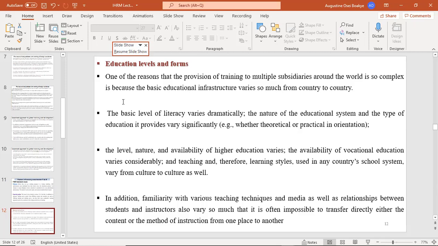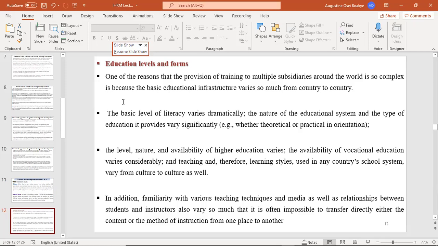And this even means that when it comes to the availability of a talented pool from which you can do recruitment and selection, as you move from one context to the other, these educational levels and forms will also influence their availability and readiness to hit the ground running.